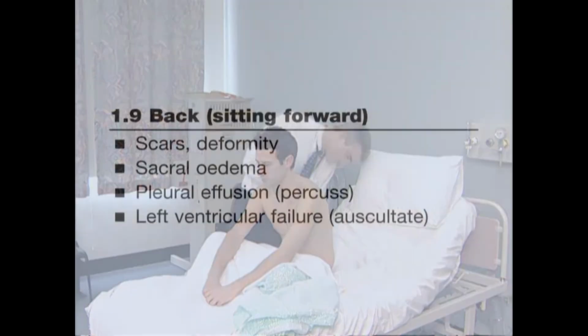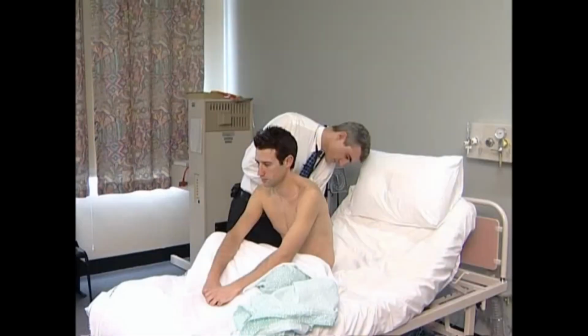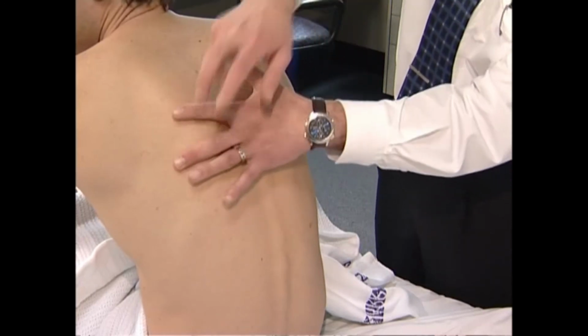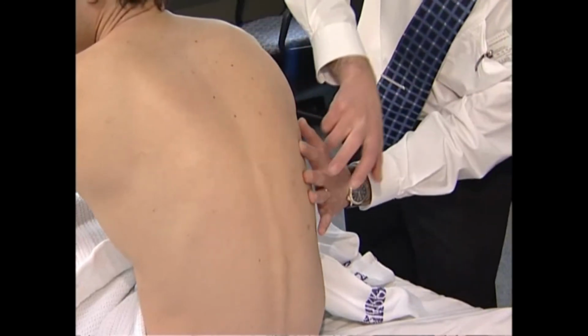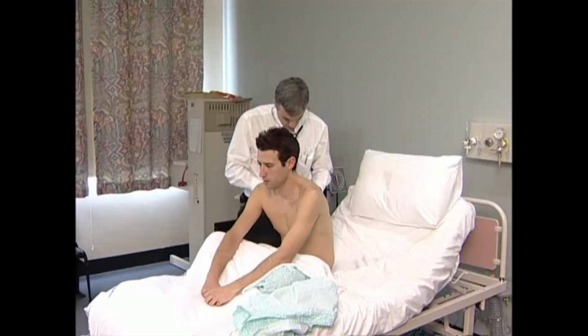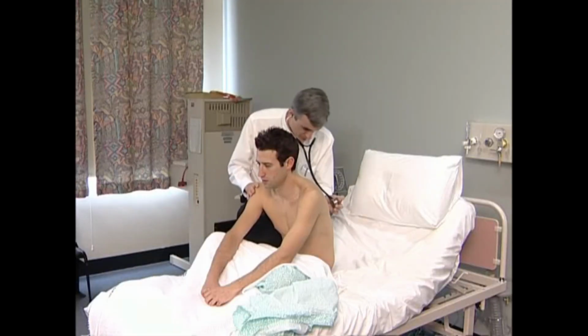for signs of edema over the sacrum. Percussion of the lower lung fields may reveal a pleural effusion, and auscultation, the inspiratory crackles that occur in patients with heart failure.